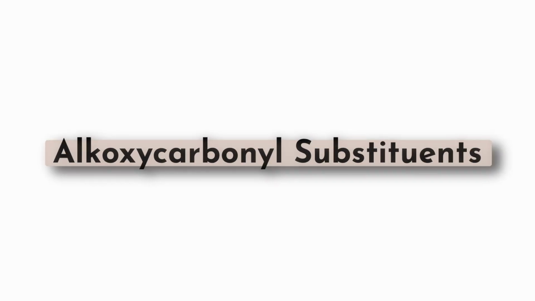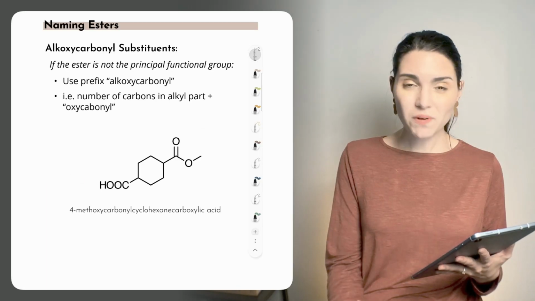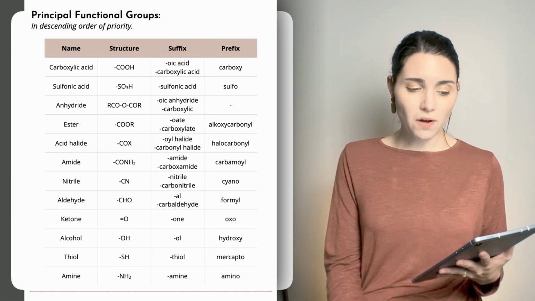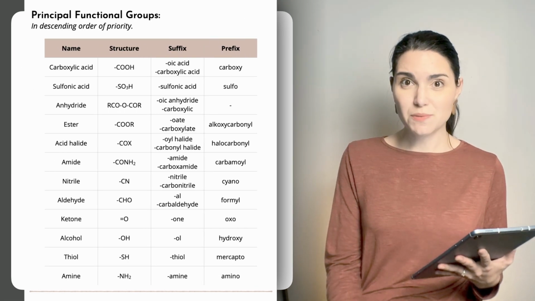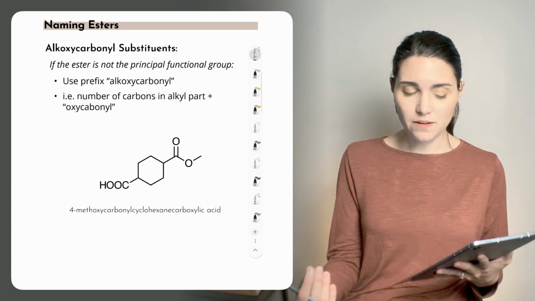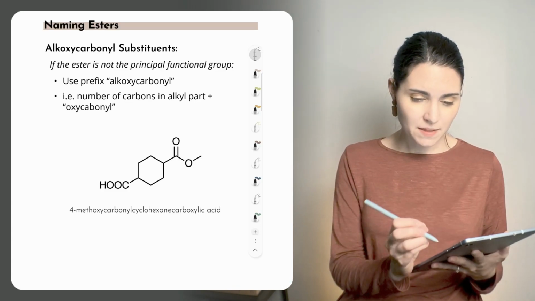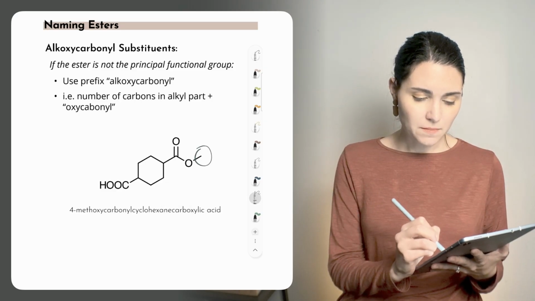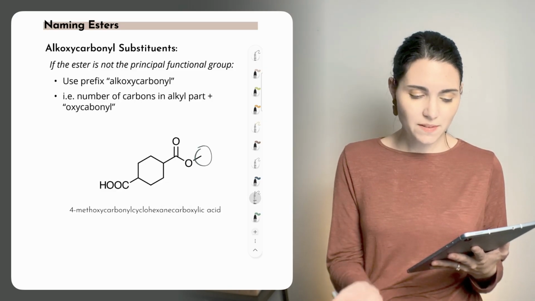If the ester is not the principal functional group in the molecule, so there's something else there that's more important, like a carboxylic acid, we will use the prefix alkoxycarbonyl. The alk gets changed to the prefix for the number of carbon atoms that are on that alkyl part of the ester. So in this example here below, we've got a methyl group on the alkyl part of that ester.